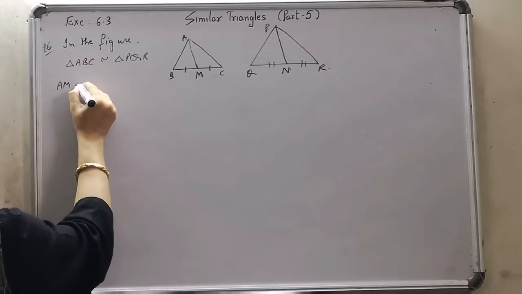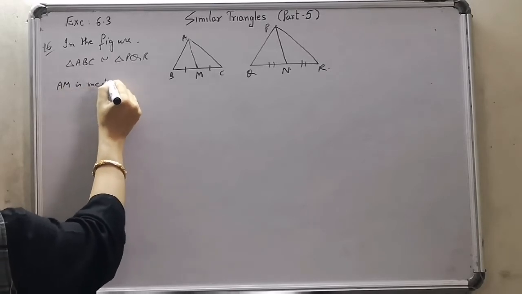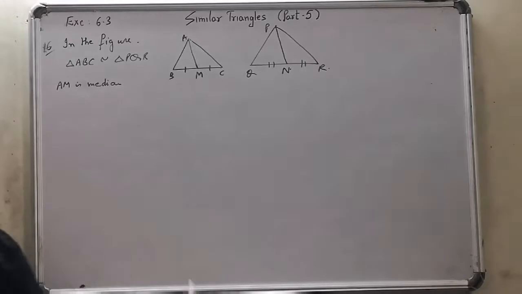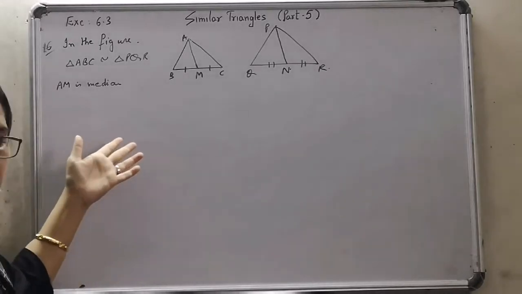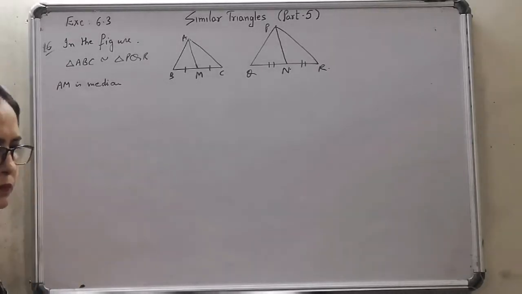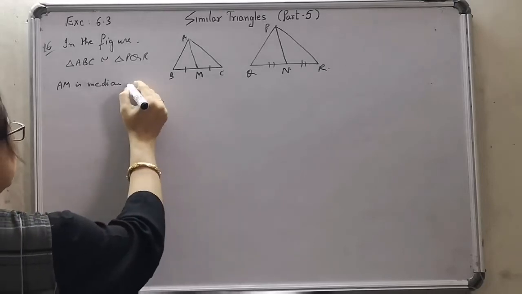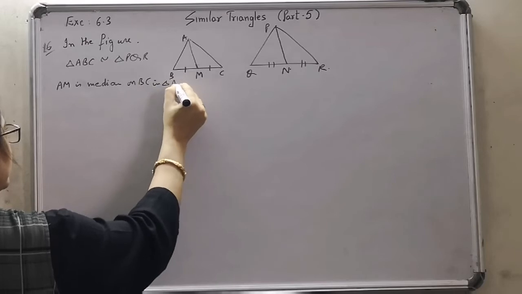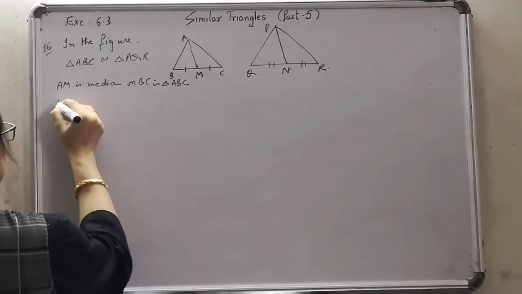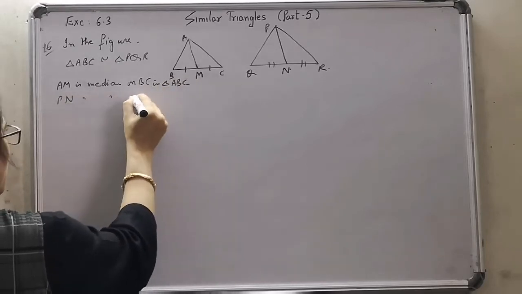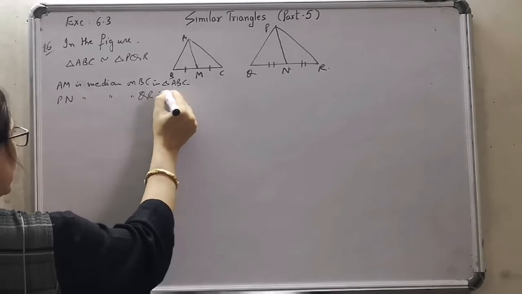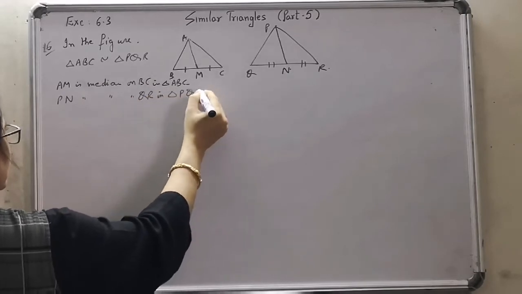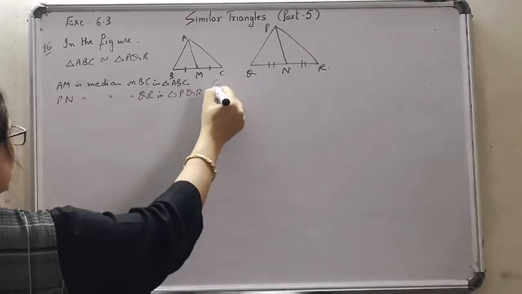AM is median on BC in triangle ABC. Similarly, PN is median on QR in triangle PQR. This all is part of the given.